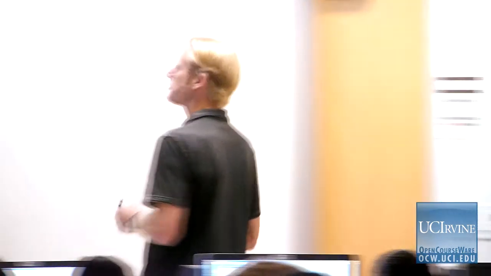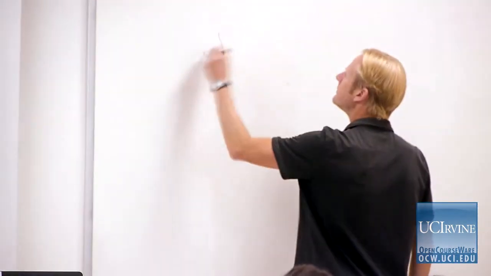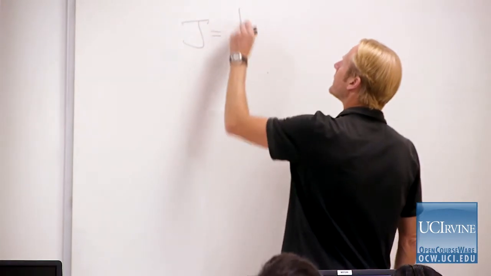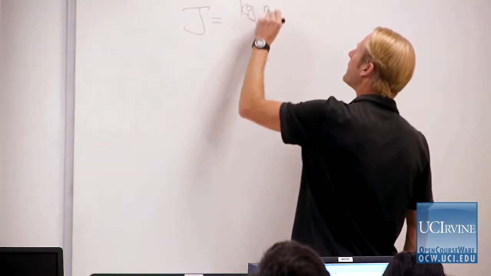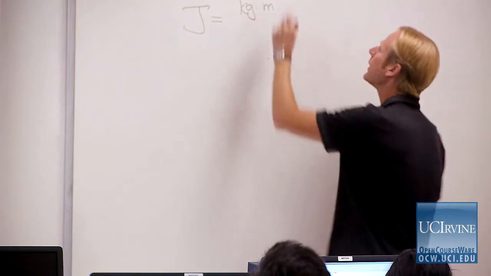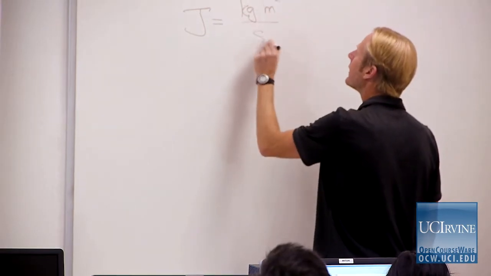The square root of joules per kilogram. Is that right? Well, let's see if we can figure that out. What's a joule? Kilograms meters squared over second squared.